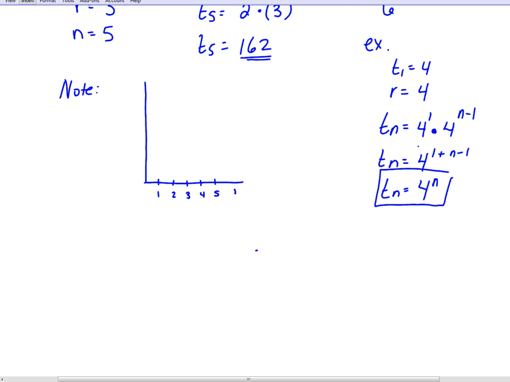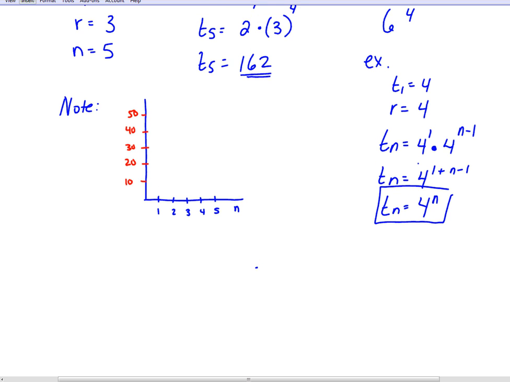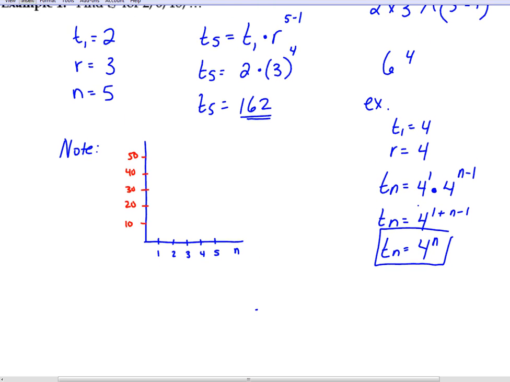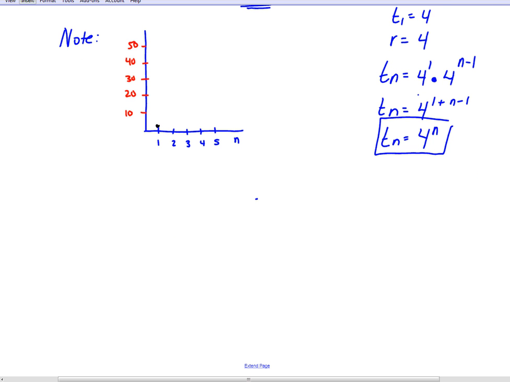It's way more exciting. Okay, so let's just graph this. I'm going to go up by tens: 10, 20, 30, 40, and we'll estimate approximately where the dot's on. Term 1 was 2. Term 2 was 6. Is that right?